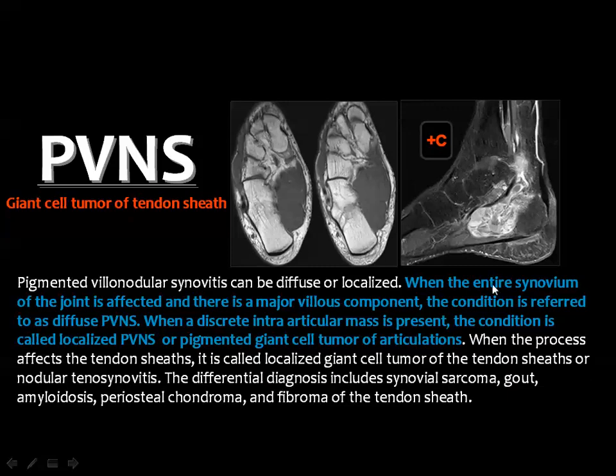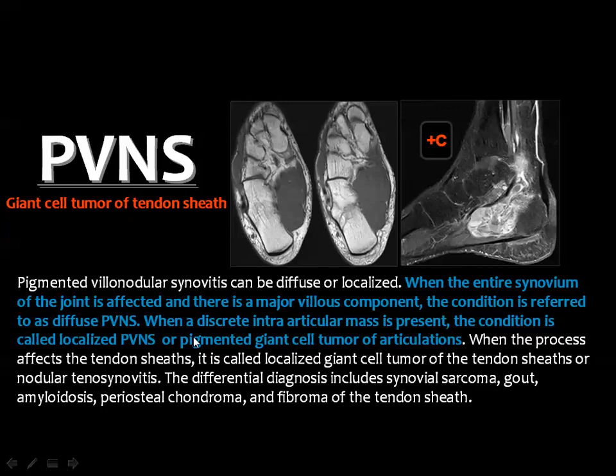Then you may have to read this statement. When the entire synovium of the joint is affected and there is a major villus component, the condition is referred to as diffuse pigmented villonodular synovitis.